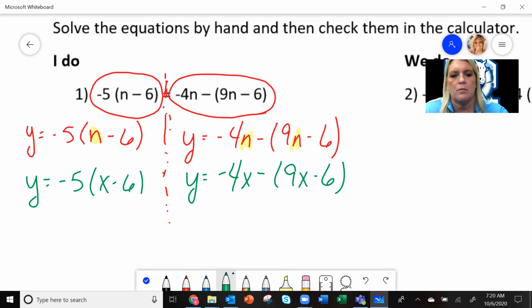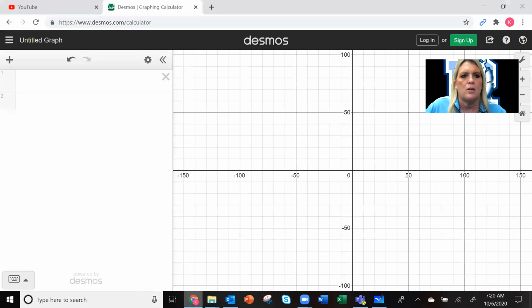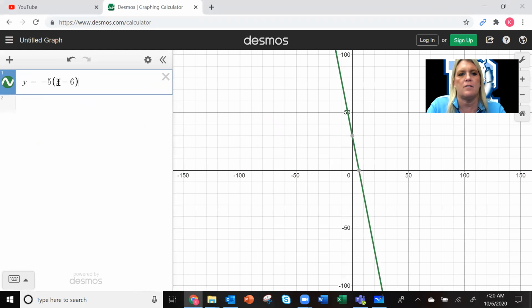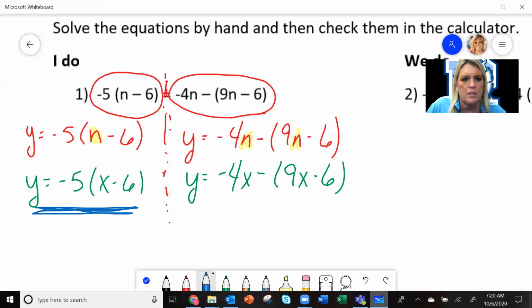Okay, so now let's put the left-hand side into the calculator. I'm going to go back here to Desmos and it's y equals -5 times (x minus 6). Yep. And now we're going to put the right-hand side into the other equation.